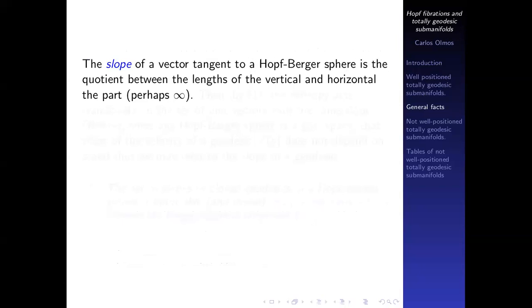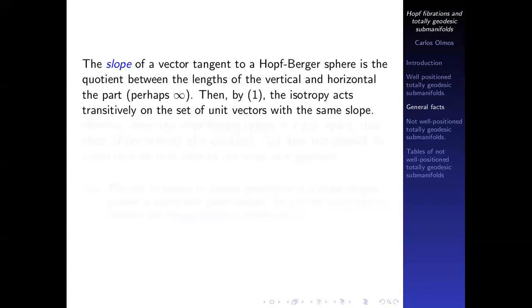We call the slope of a vector tangent to the Hopf-Berger sphere the quotient between the lengths of the vertical and horizontal parts. The isotropy acts transitively on the set of unit vectors with the same slope, because the principal orbits of the isotropy action are products of spheres.